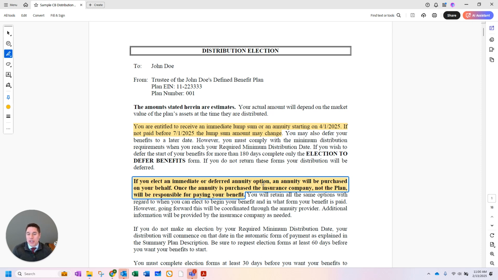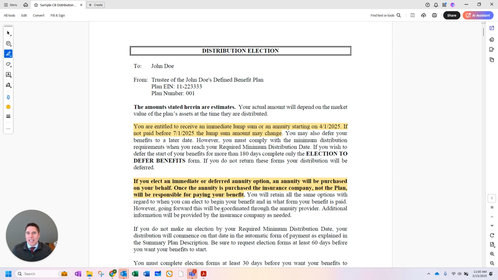Once the annuity is purchased, the insurance company who sells the annuity, not the plan, will be responsible for paying your benefit. So your options are, let's say you have $10,000 in the plan. Your options are to receive a rollover of $10,000, or you can take that $10,000 and purchase an annuity from an insurance company. I highly recommend that you take the money and roll it over.